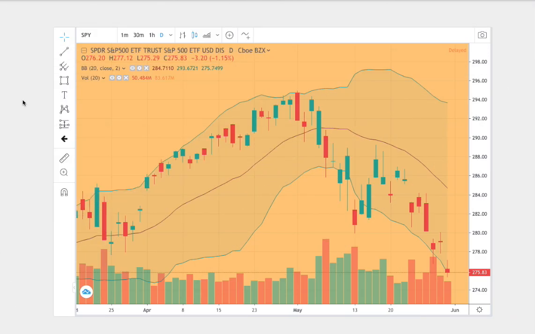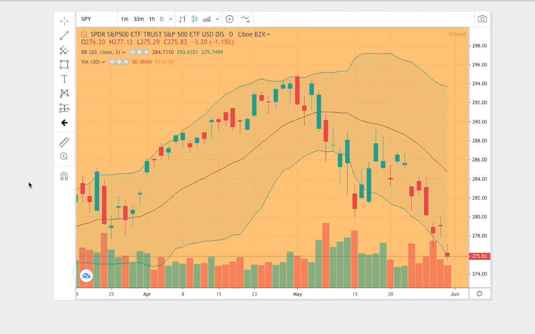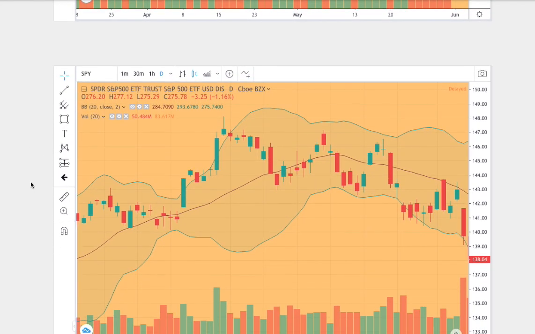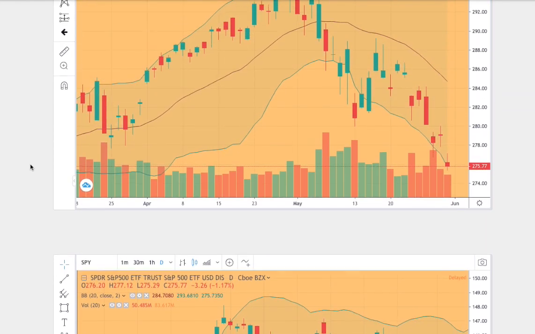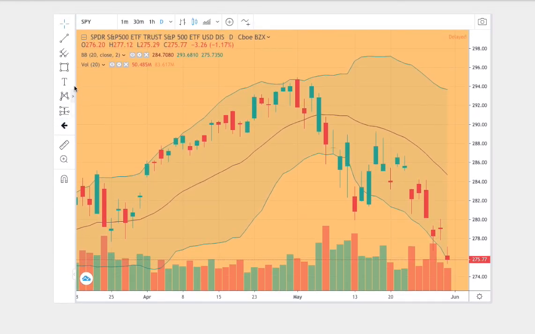On to the next module, I'll compare today's current trend with this trend right here that dated back to August 14, 2012 to November 9, 2012. So I'll point out why these two charts are similar.